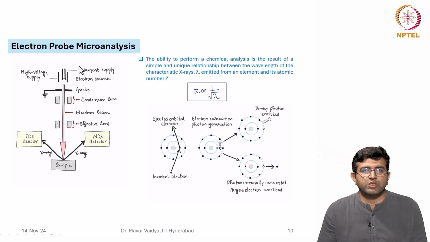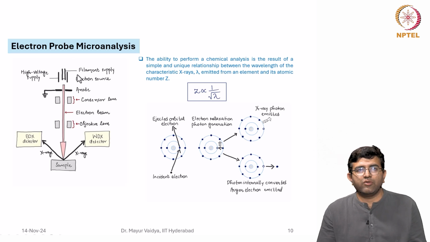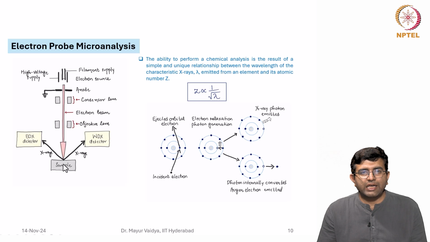You have LaB6, tungsten filament, field emission guns and so on. This beam strikes your sample, passing through a set of electromagnetic lenses, condenser lens, objective lens and so on. Once it hits your sample, X-rays are generated, and these X-rays can be detected.